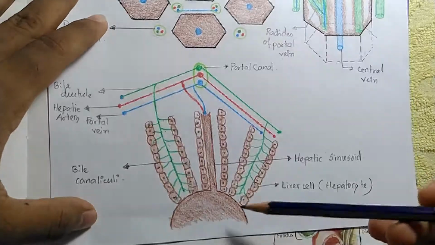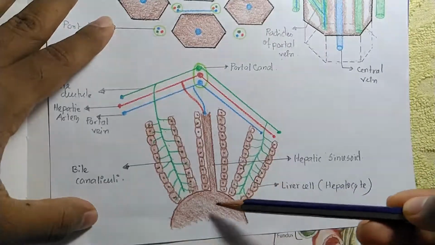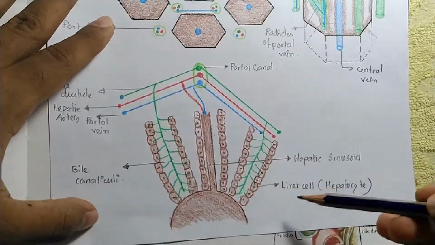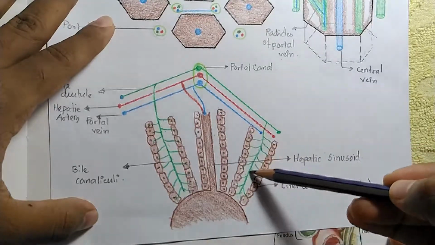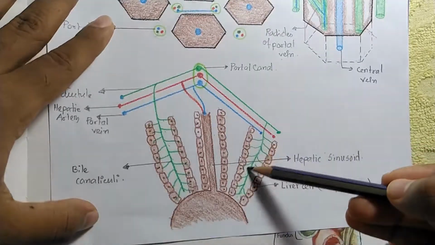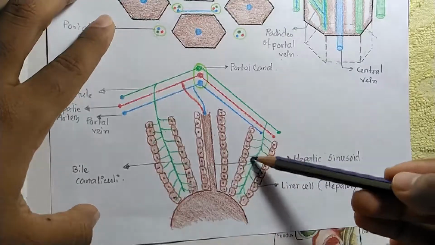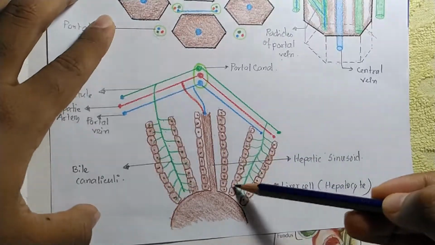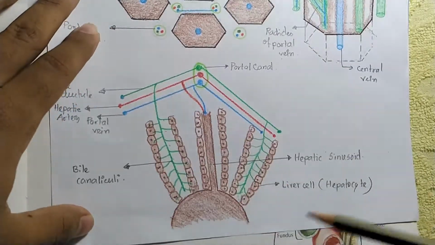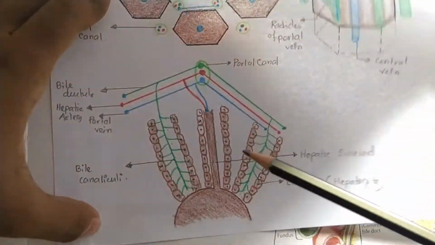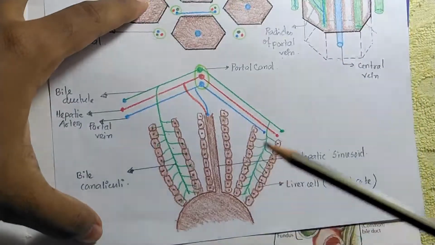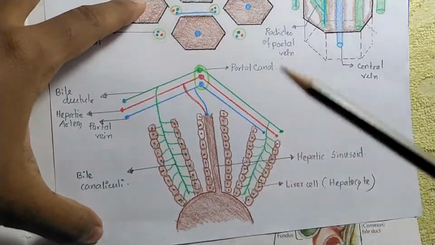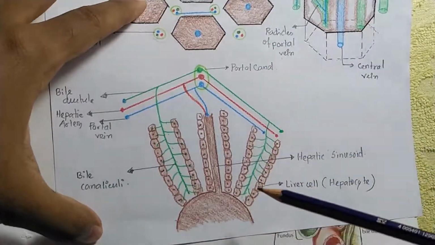They are also drained by the biliary channel. These are the bile ductules, which come from the hepatocytes. The bile canaliculi are the ultimate origin from where the bile is produced.